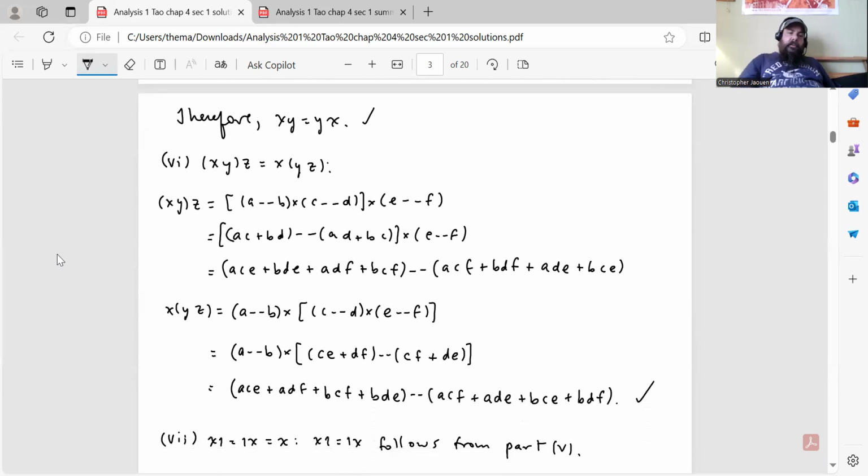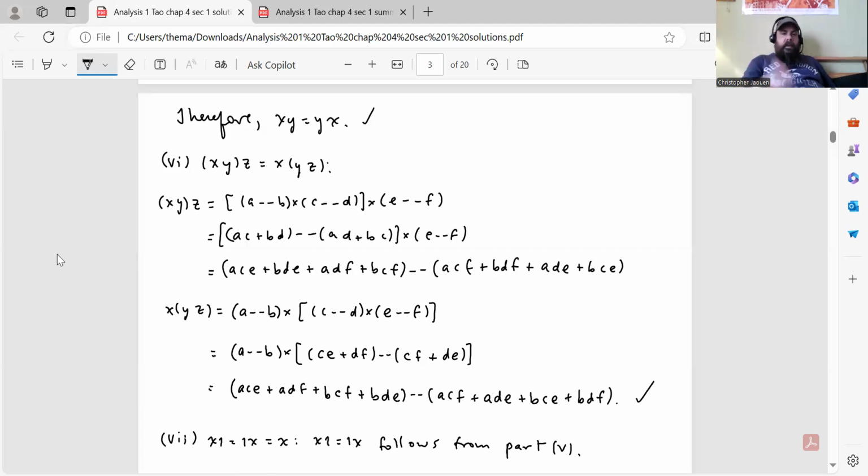Then we show that multiplication is associative. Here he actually does this proof in the summary for the section 4.1. So I just redid it here, but I didn't actually do this in my video for the summary because I wanted to have the proofs all in one place. But he does do this one in the book itself.